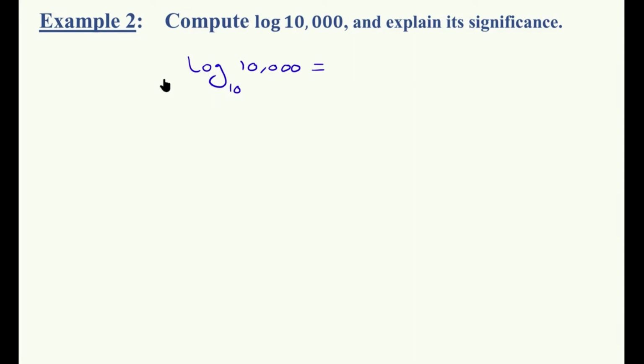Remember, when you want to find the log, look at this invisible exponent right between these two numbers, so that when you raise the base to the power of that exponent, you get this number. You know 10 to what power gives 10,000? That's an easy answer, and that's going to be 4. So with some of these, you should not use a calculator.